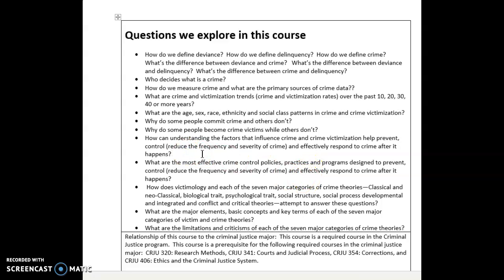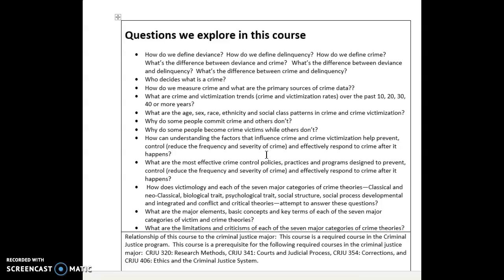We will also be applying the theory to try and understand, okay, if we believe a certain theory of why some people commit a crime, or a certain group of people, or even an individual has become involved in crime, what would be the appropriate way to prevent or control or effectively respond to that person to reduce the likelihood that he or she would continue to commit crime.